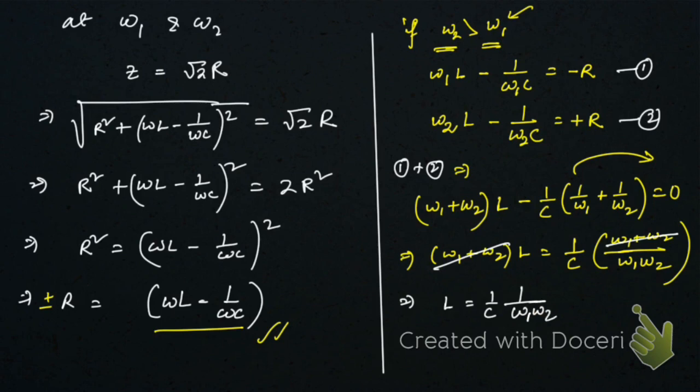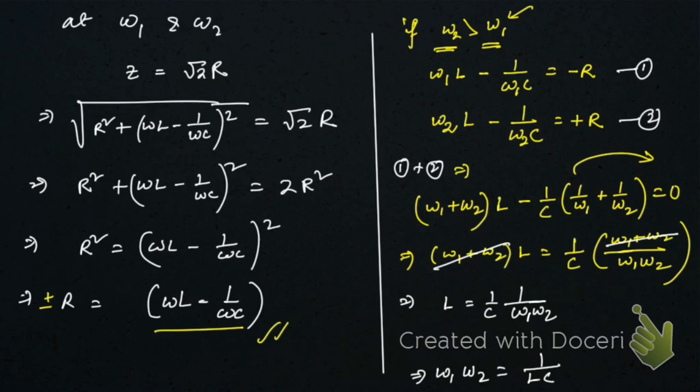That's what we have got. So this implies that omega 1 into omega 2 is equal to 1 by LC. That is what we can write. Hope you have understood this point.